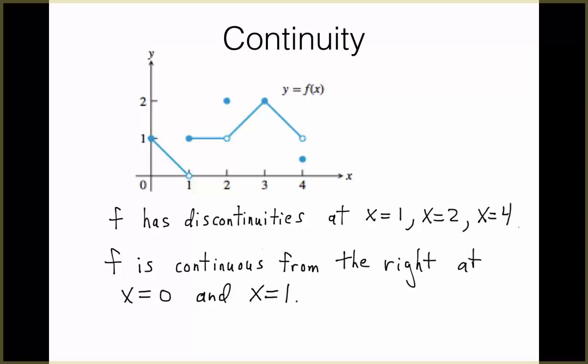Because if you approach x equals 0 from the right, the right-hand limit of f agrees with the function's value. So there's a closed circle at x equals 0, and the function from the right approaches that closed circle. And at x equals 1, the same thing. There's a closed circle at x equals 1, and then the function to the right approaches and connects to that closed circle.